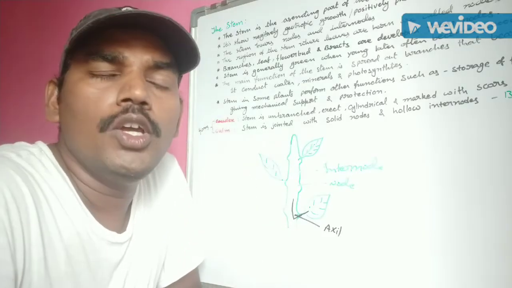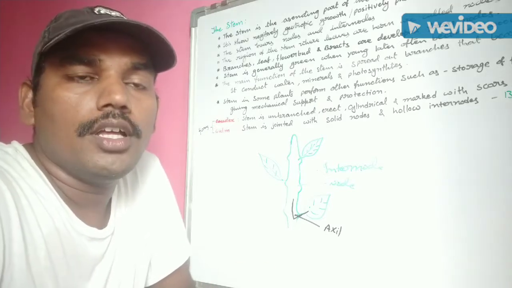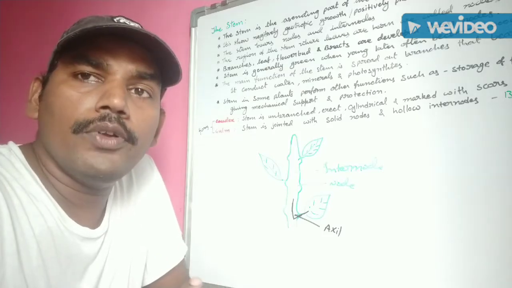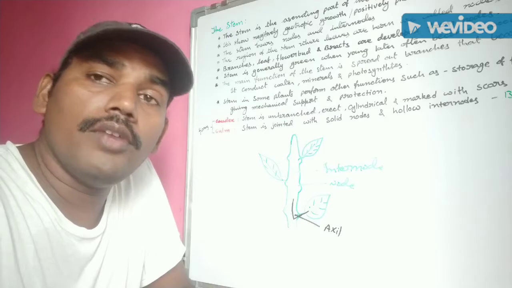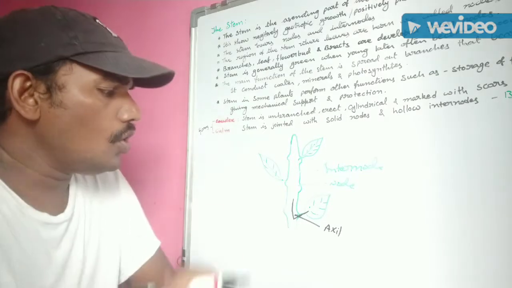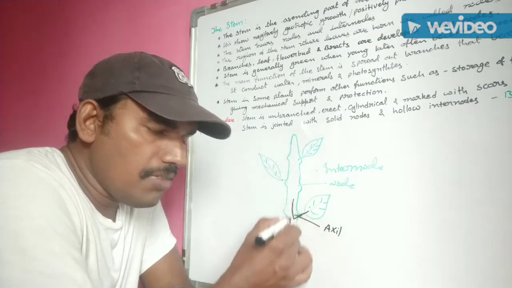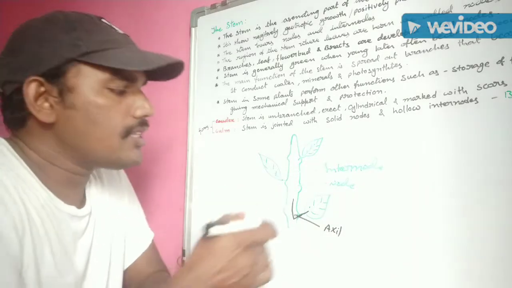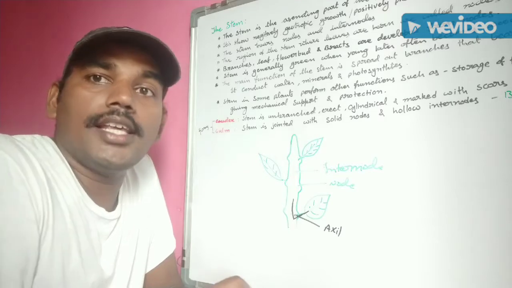Buds are mainly of two categories. The first is vegetative buds, the second is reproductive buds. Vegetative buds are helpful for vegetative propagation, and reproductive buds are helpful for reproduction. So the axillary bud is present in between the leaf and the main axis. This region is known as the axil, and the bud in it is known as the axillary bud.